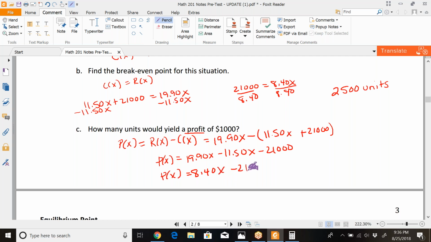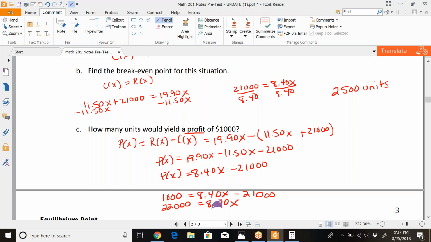That makes P of x equal 8.40x minus 21,000. We want a profit of $1,000, so we're going to set P of x as 1,000. We're saying that this is how much profit we want to have, of course, after the break-even point. So we would add the 21,000 over, so that makes this 22,000.